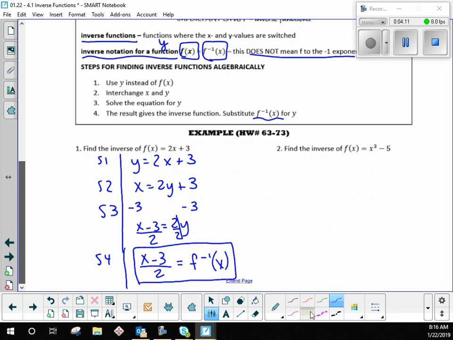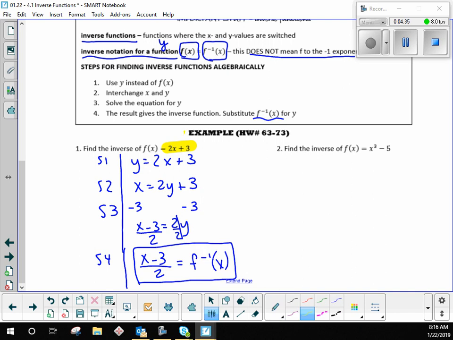And just as a little self-check, this isn't a 100% rule that will not ever fail you, but as a general rule, if you look at the original function, 2x plus 3, and you look at the inverse, x minus 3 divided by 2, it's kind of like the operations have all been inversed, right?